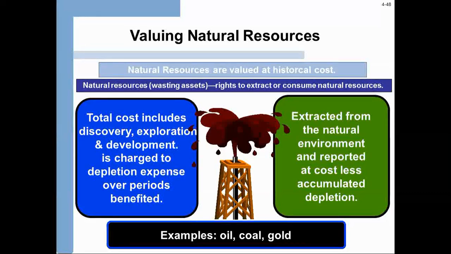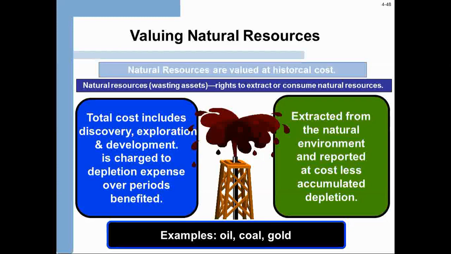And when we record the cost in our balance sheet, in our financial statement, we record the cost after subtracting the accumulated depreciation or depletion. Now we will use the word depletion rather than depreciation.